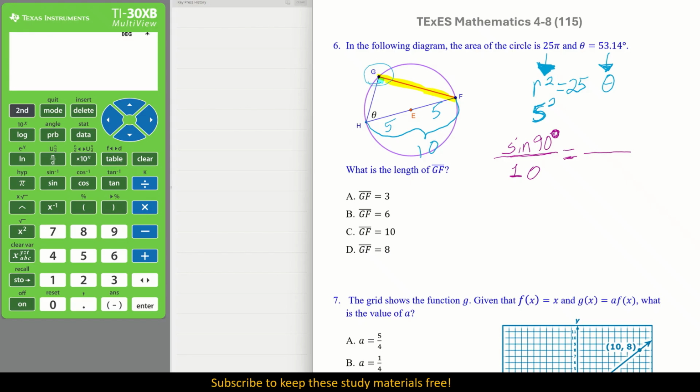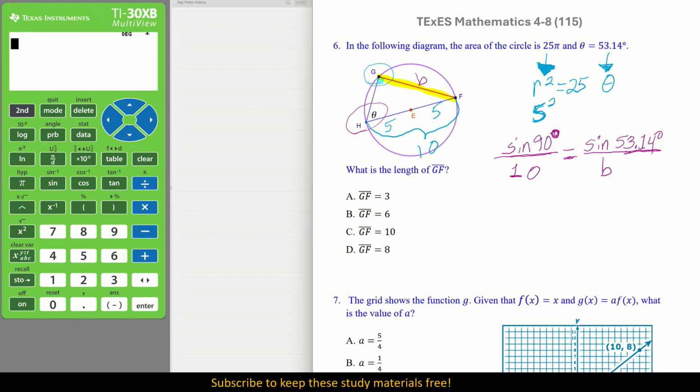And then we set it equal to what we know or don't know. Well, I need to find GF, and I'm going to call it B. Well, I have this value here of theta. Then I need to say sine of 53.14 degrees. Okay, so now what?